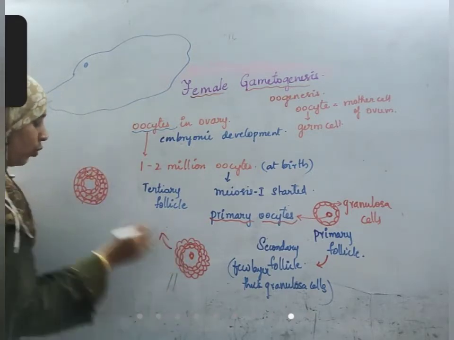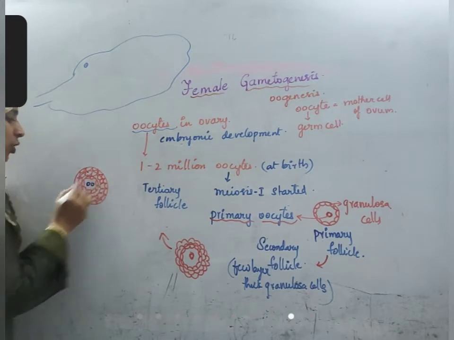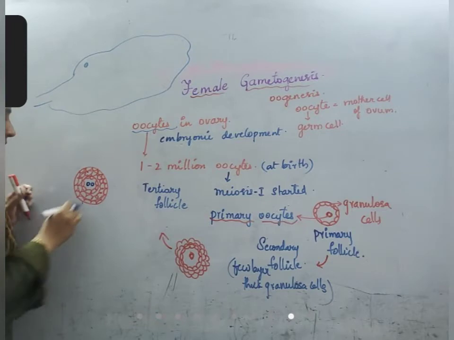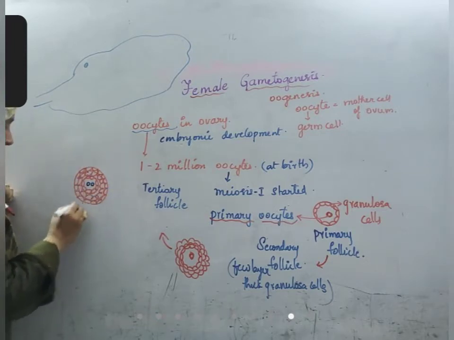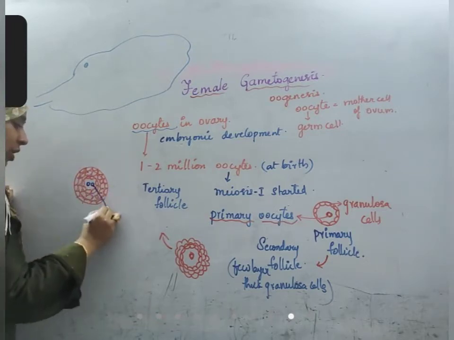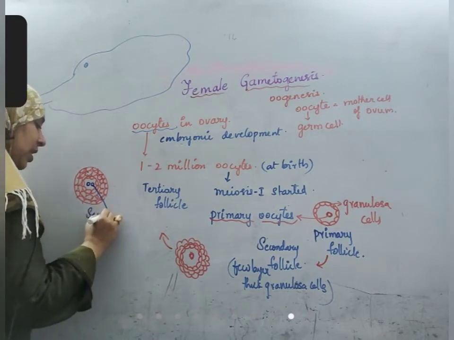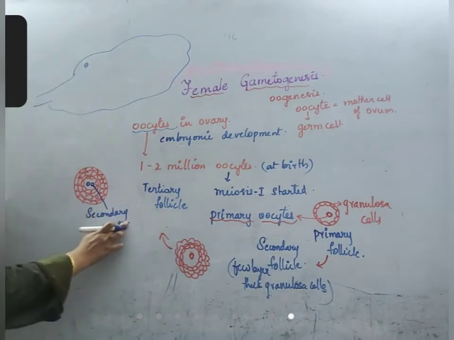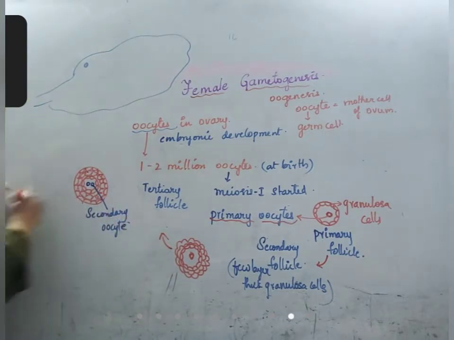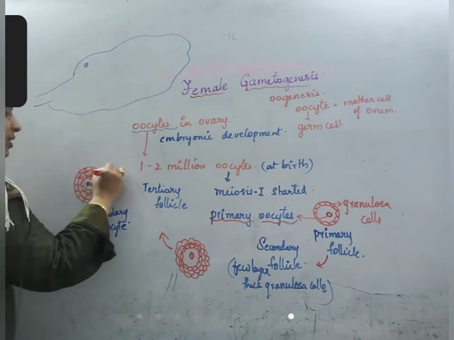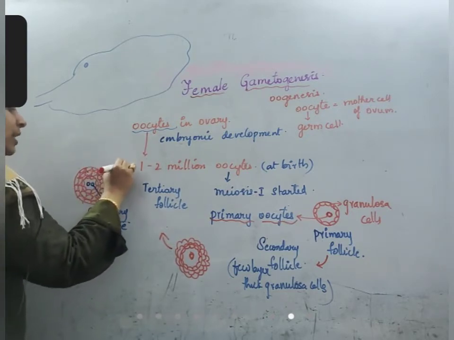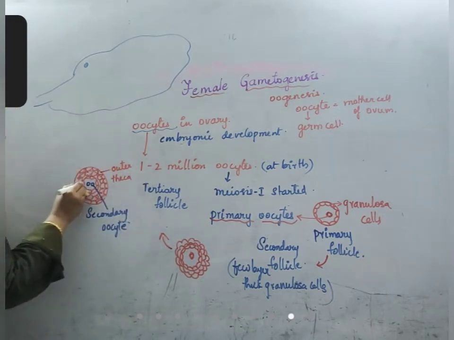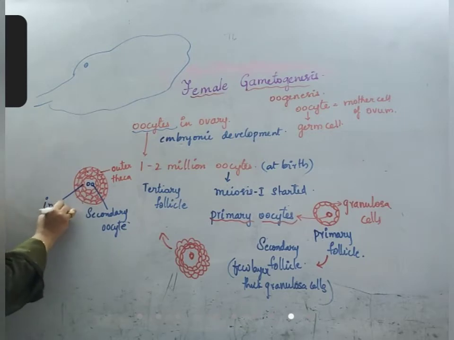Inside, the oocyte will complete its first meiotic division, and the granulosa is in several layers. This is now called the secondary oocyte. The outer layer around the granulosa cells is called the outer theca, and the inner layer is called the inner theca.